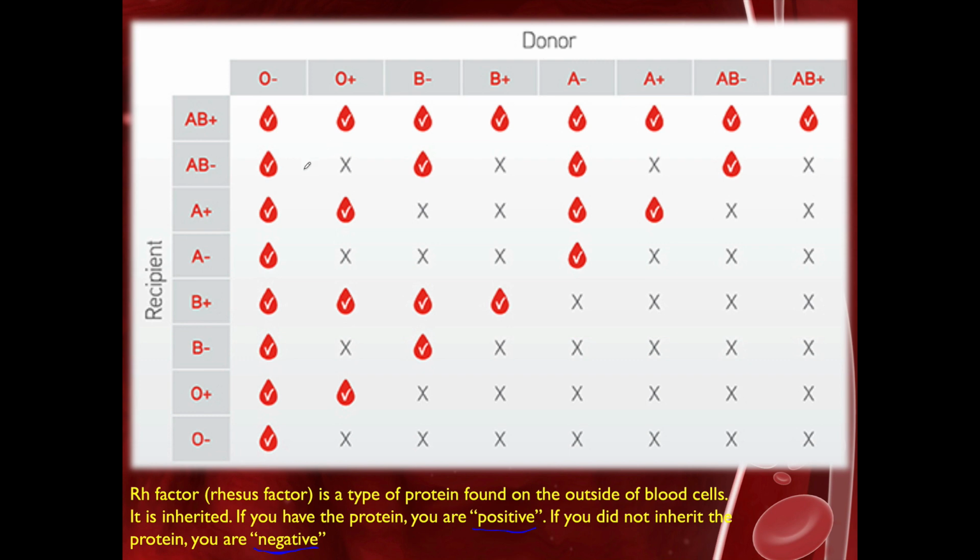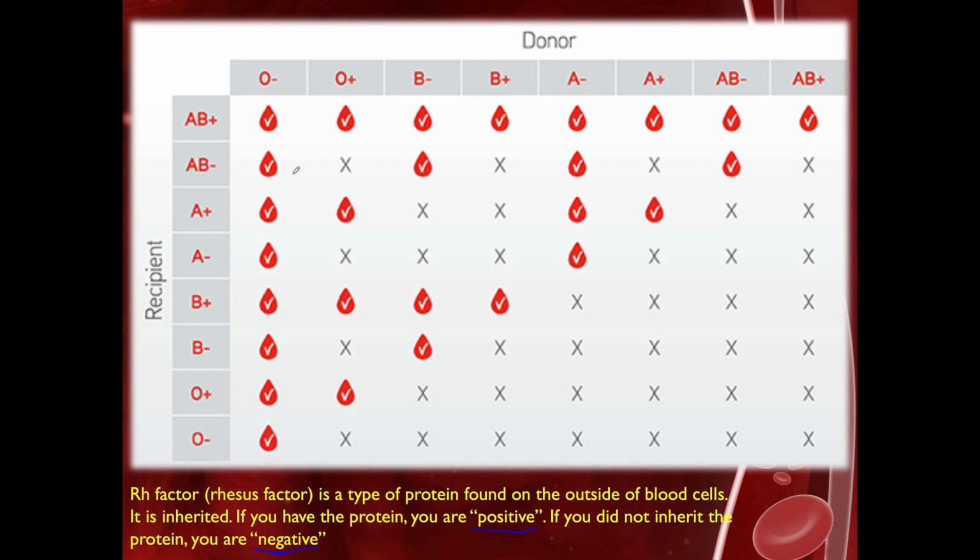The reason why is if you are negative, you're going to have antibodies floating around your plasma that are looking for that positive antigen. And if they find that positive antigen, they can also cause clumping to happen within a vessel. So in this case, an AB negative person can only receive the 4 blood types, but in negative form. And if you did your nobelprize.org activity, you might have got a few wrong based on that idea.